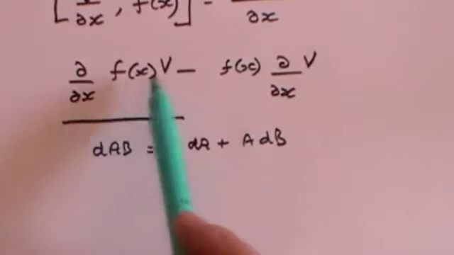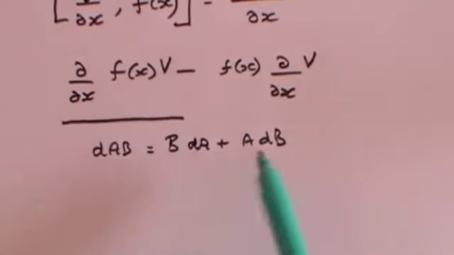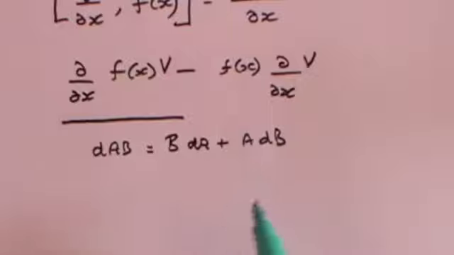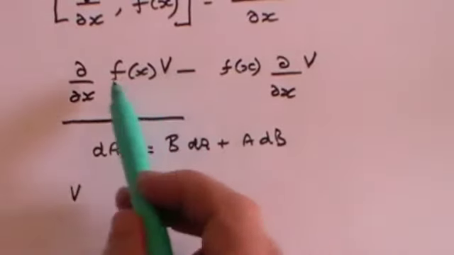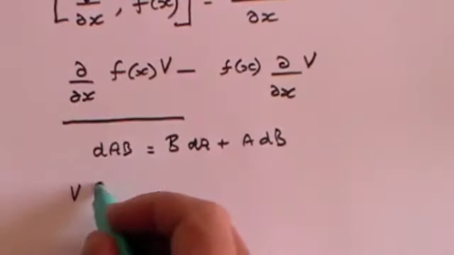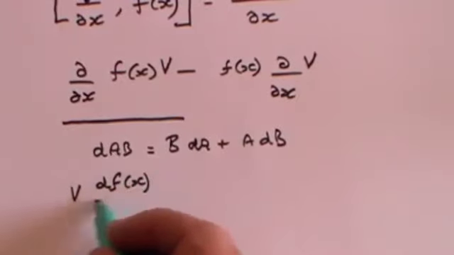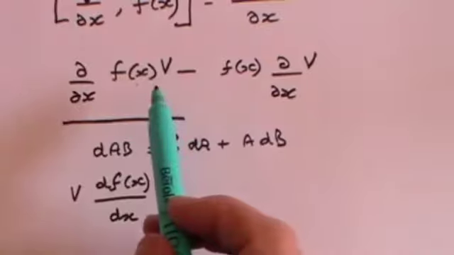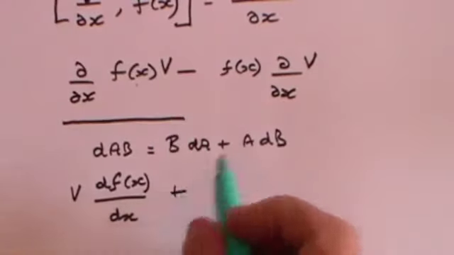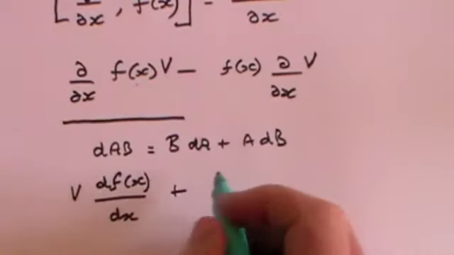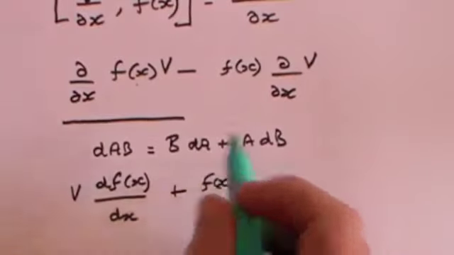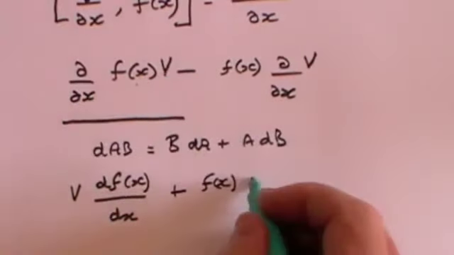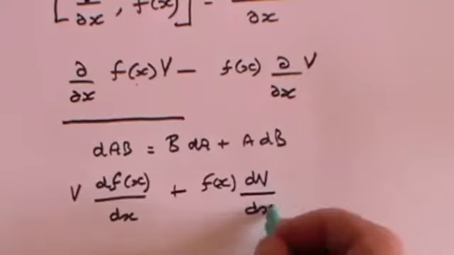So consequently, this term here, using this formula, will equal B, which is v, times dA, which is df(x)/dx, plus A, which is f(x), times dB, dv/dx.